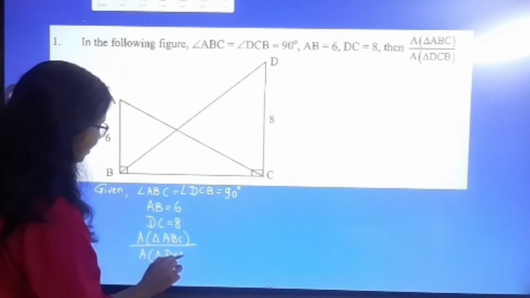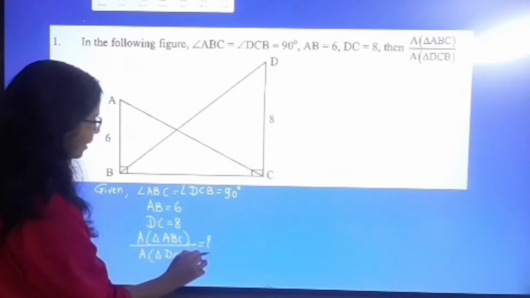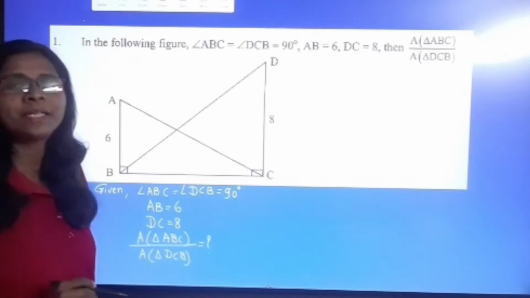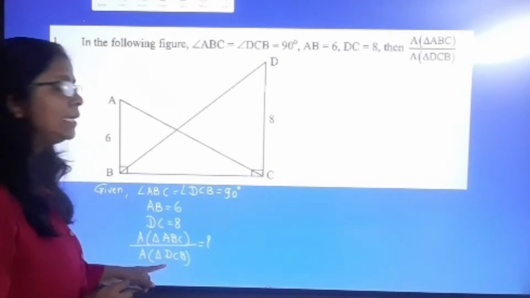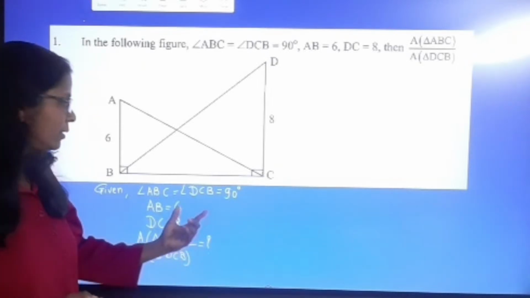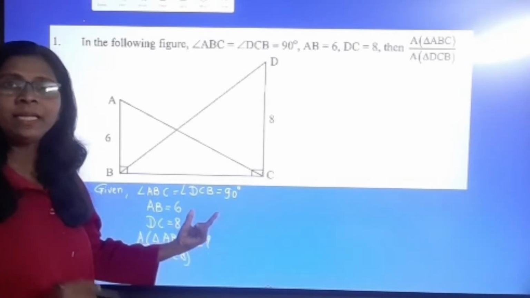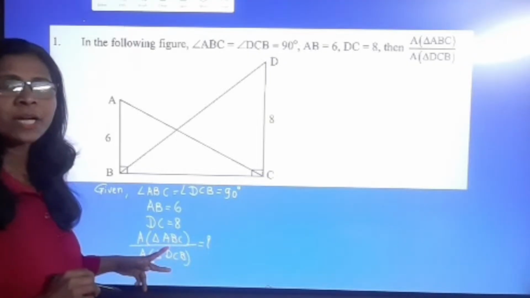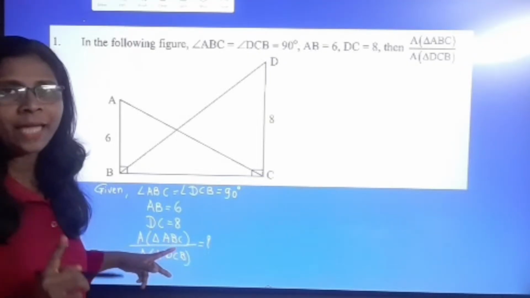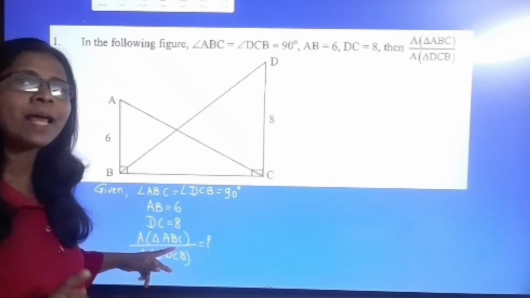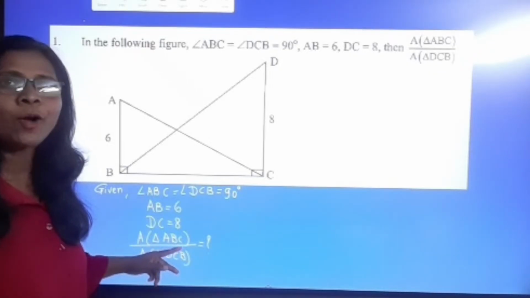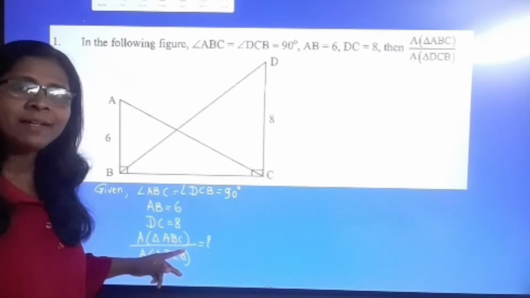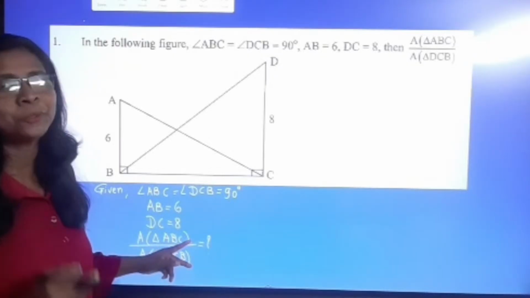Okay students, now here these are the two triangles, triangle ABC and triangle DCB, and in each, one angle is 90 degrees. That means these two triangles are right angle triangles, and we know that right angle triangles are always similar to each other.